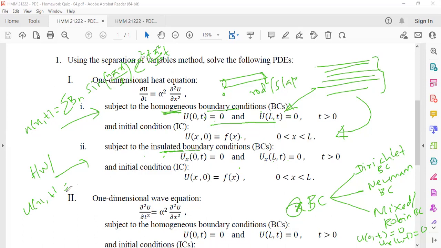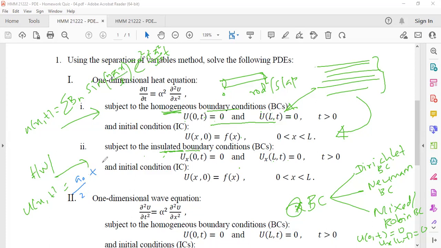Okay, this one is a Neumann equation. Let me see, I don't have a full answer. Maybe a_0 by 2 plus the summation. This is a kind of Fourier cosine series you have to use, while the other is for the Fourier sine series.